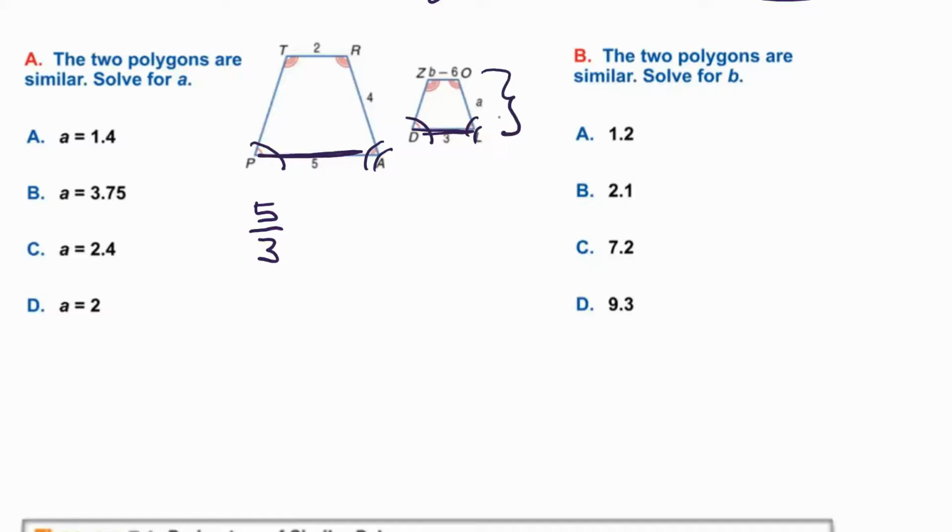A is on this side here, which corresponds with RA. So 4 over A, cross multiply. And we would have that A equals 2.4.